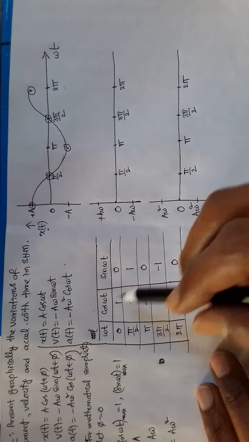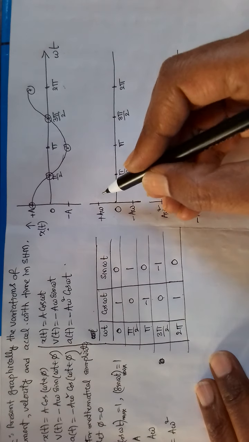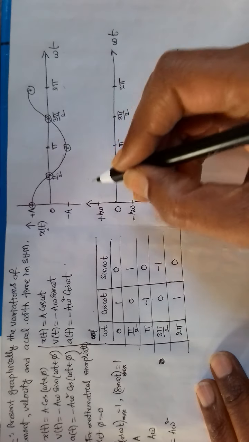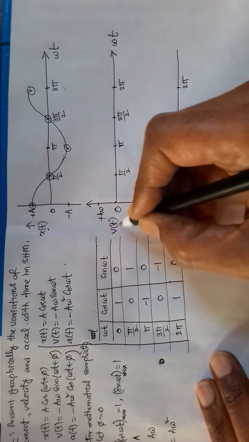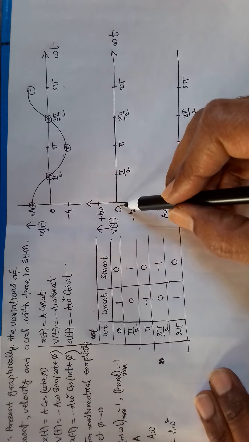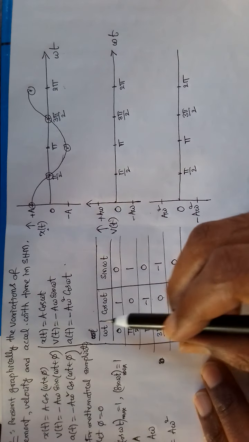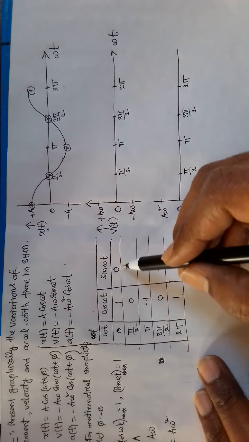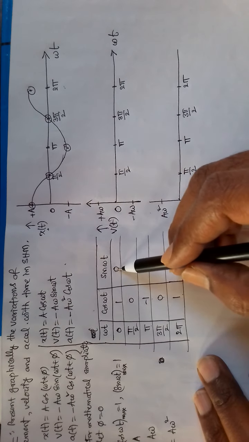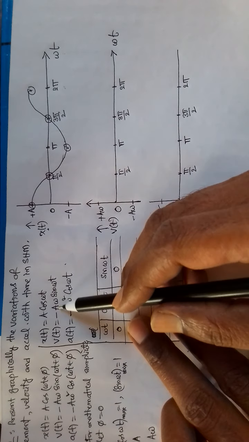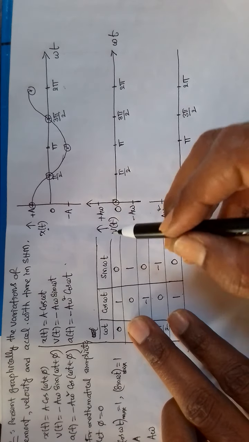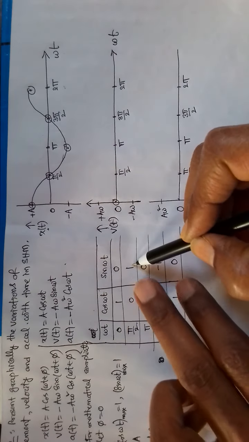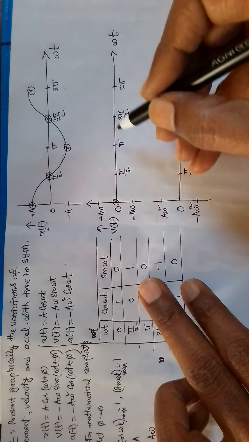Now let us choose velocity. Here on the x-axis let us take omega t and on the y-axis velocity. At time t equal to 0, when omega t is 0, sin is 0, so 0 into something is 0. For pi by 2, sin pi by 2 is equal to 1, so 1 into minus a omega is minus a omega.